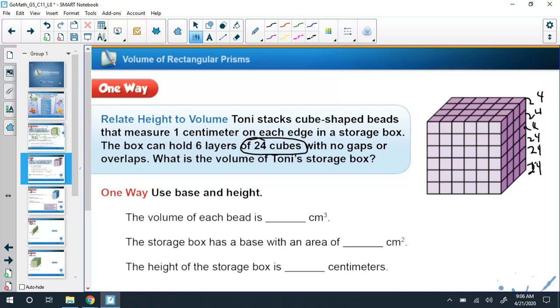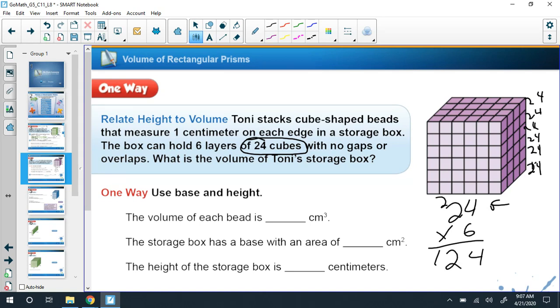So since each layer is 24 cubes and there are 6 layers, we get 24 times 6, right? Our base includes 24 cubes, we have 6 layers, 24 times 6. So 6 times 4 is 24. 6 times 2 is 12, plus 2 is also 14.